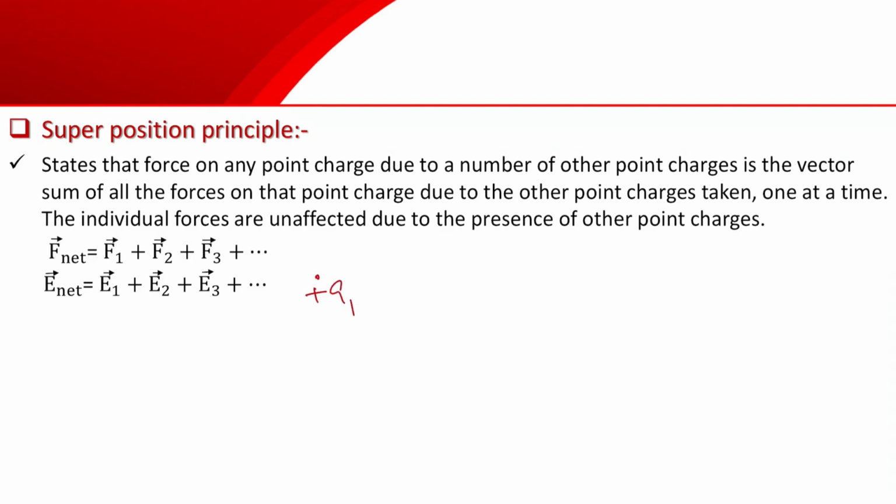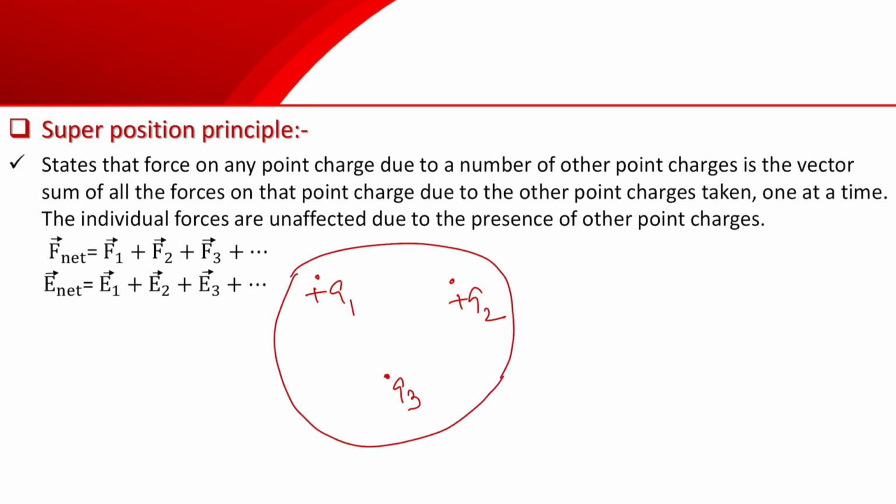So let us take here plus Q1 charge, here plus Q2 charge, and here plus Q3 charge. So this is the system of charges, plus Q1, plus Q2 and plus Q3. These are the multiple charges present, and let us find the net force on charge Q3.